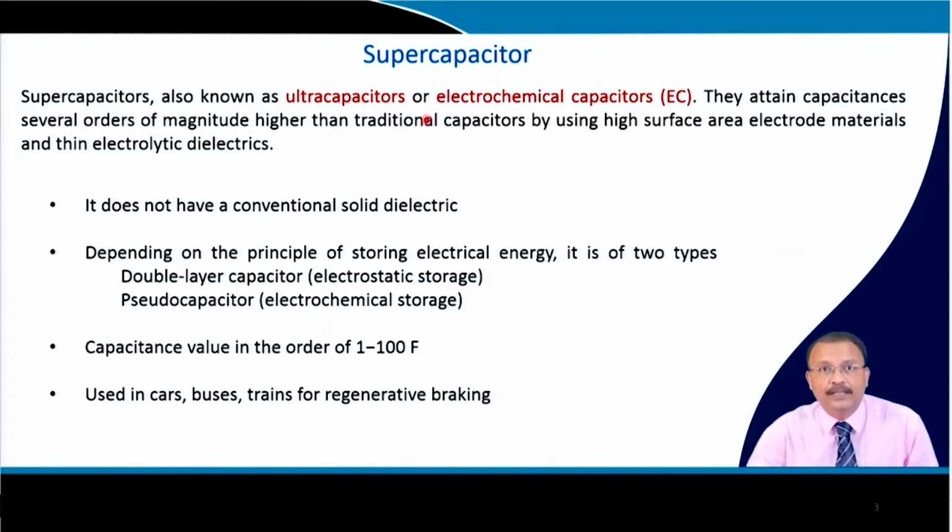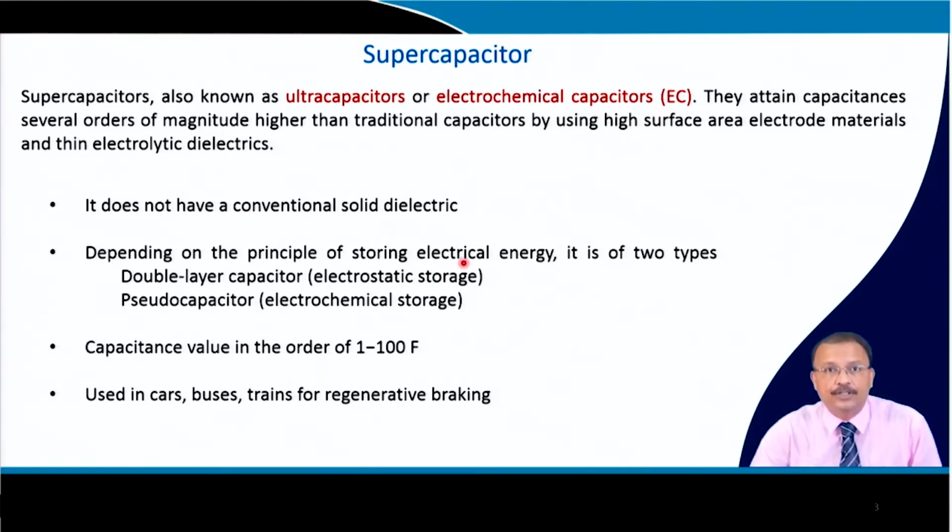So, if you want to make a difference between these traditional capacitors and supercapacitors, in the latter they do not have a solid dielectric, which we usually see in normal traditional capacitors. And there are two different types of charge storage mechanism.